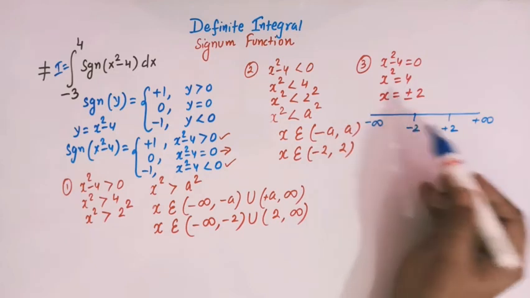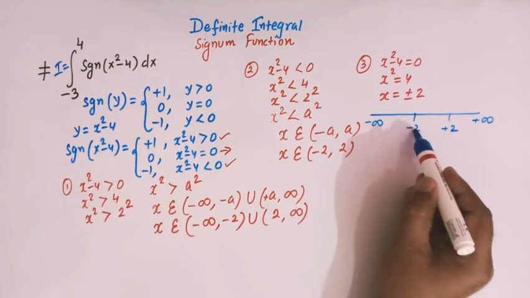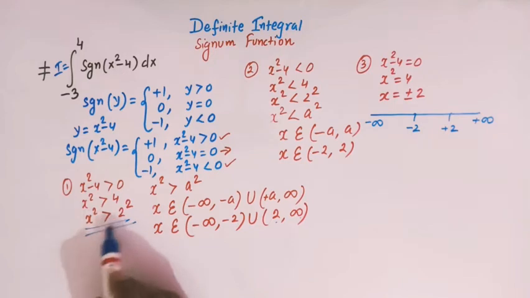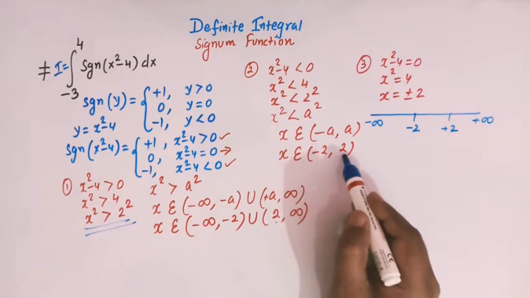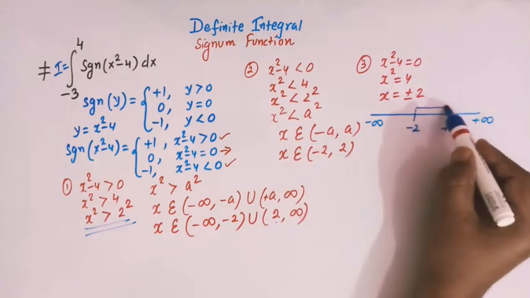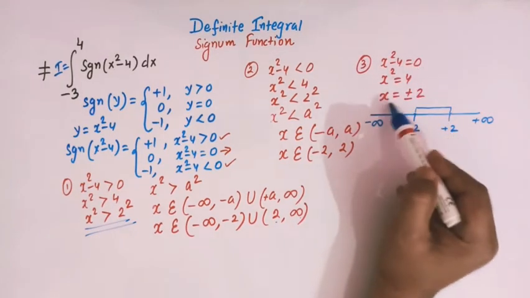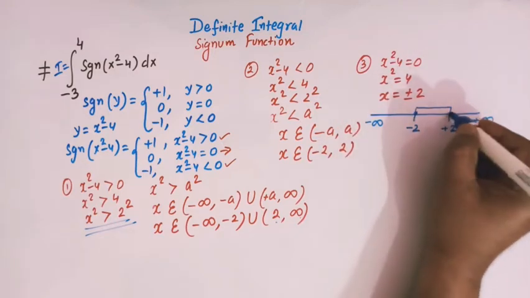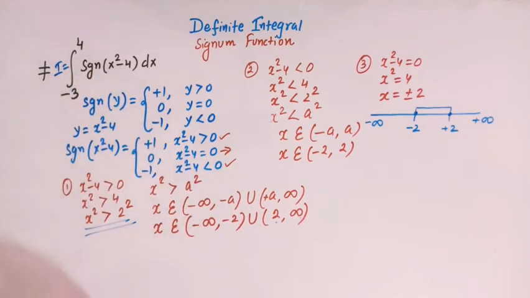When x belongs to minus infinity to minus 2 and 2 to infinity, we have x square greater than 2 square, and when x belongs to minus 2 to 2, we have this interval. When x square minus 4 is equal to 0, x is equal to plus minus 2, and these are the two points. So this is about the function signum of x square minus 4.